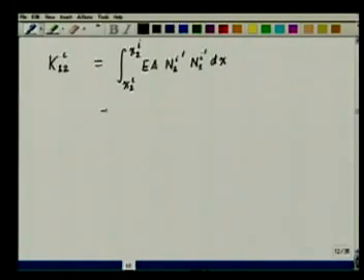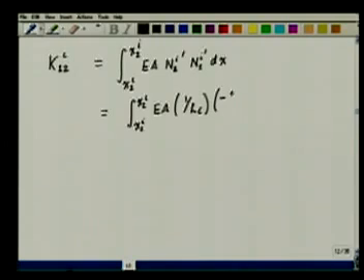This is equal to the integral over x1i to x2i of EA into 1 by hi into minus 1 by hi dx.